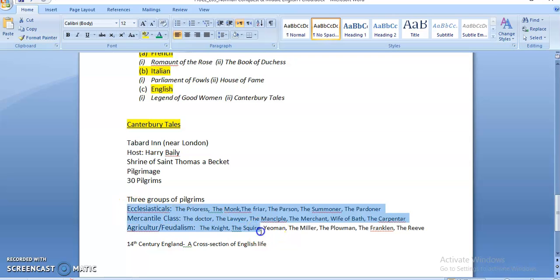So a cross section of society was represented in these tales.